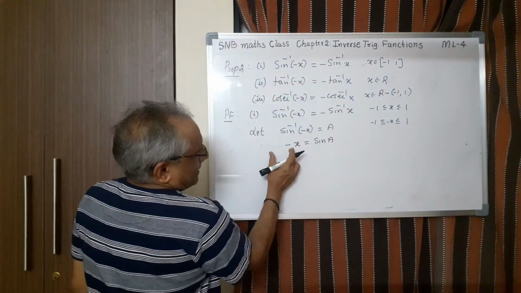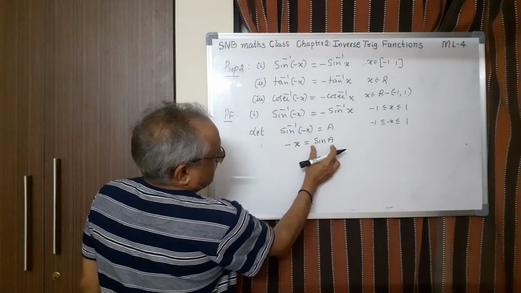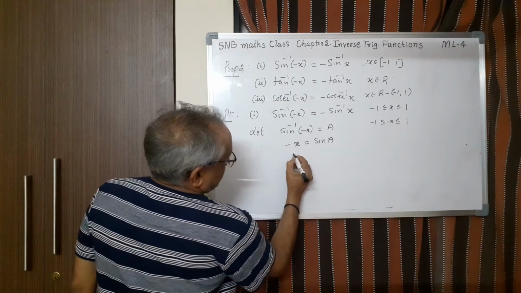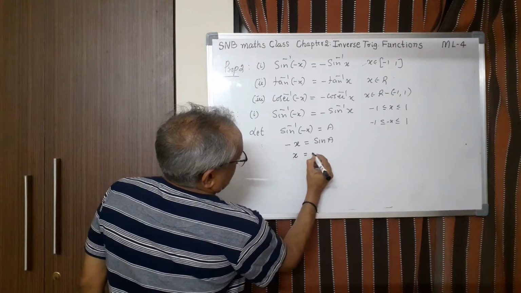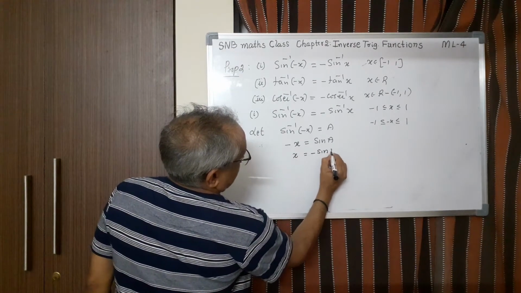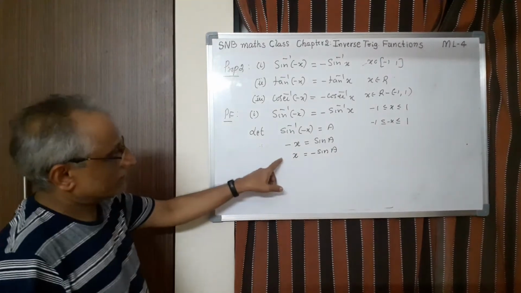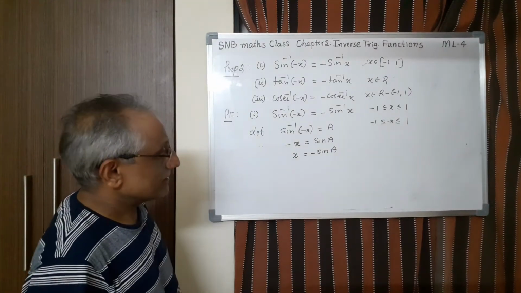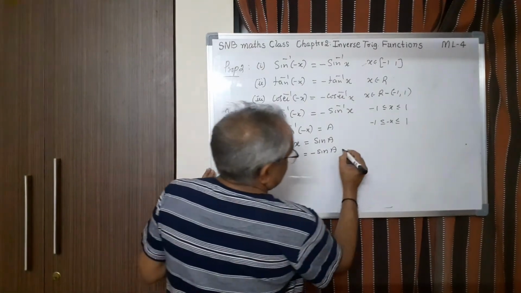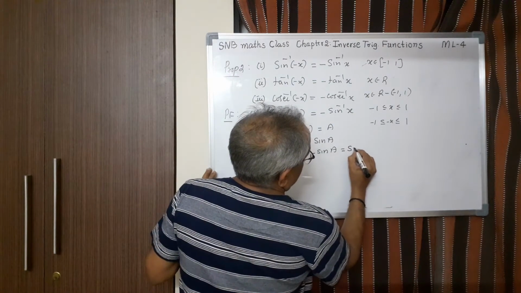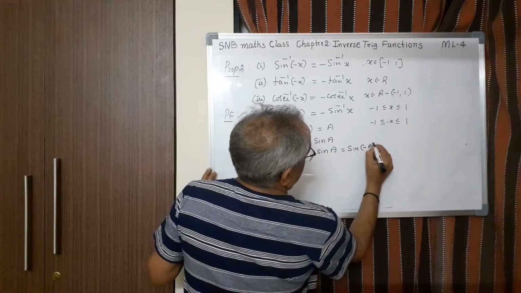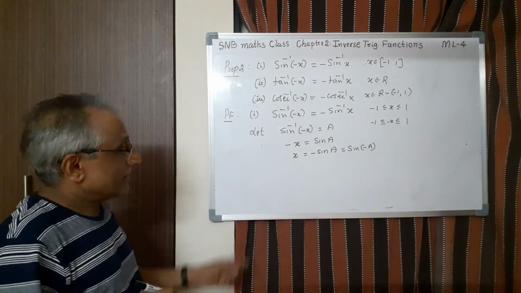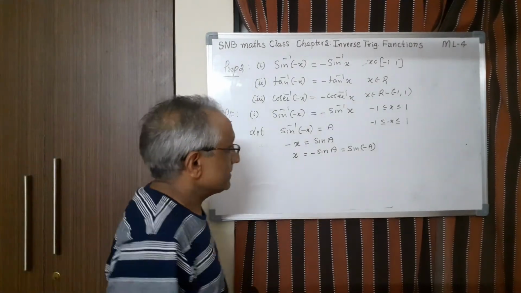So minus x will be equal to sine a. Therefore what I can do is x will be equal to minus sine a. I take a minus sign this side. But we know that this is equal to sine of minus a. Sine of minus a is the same as minus sine a.